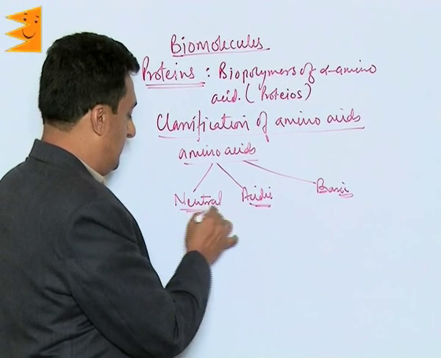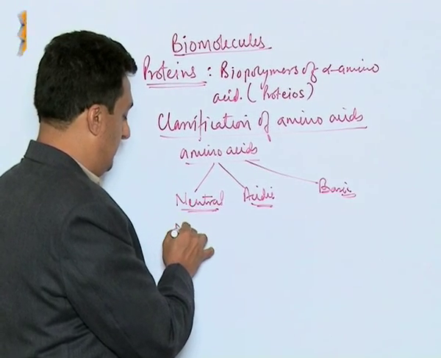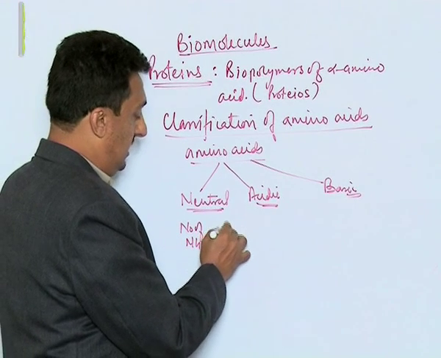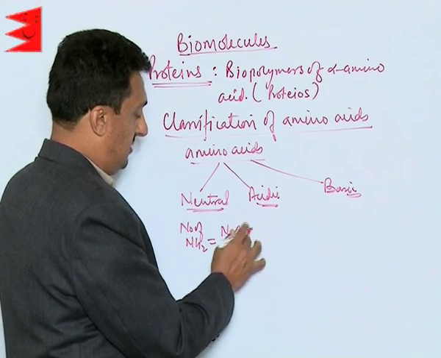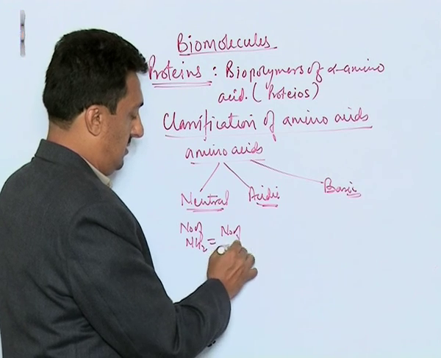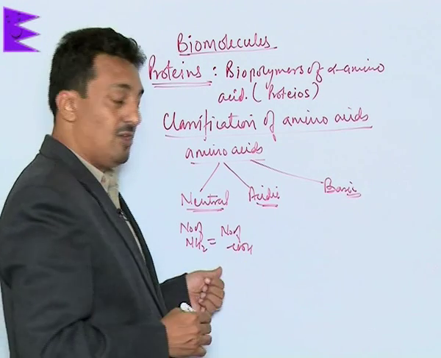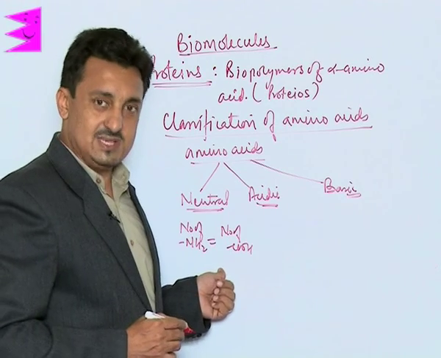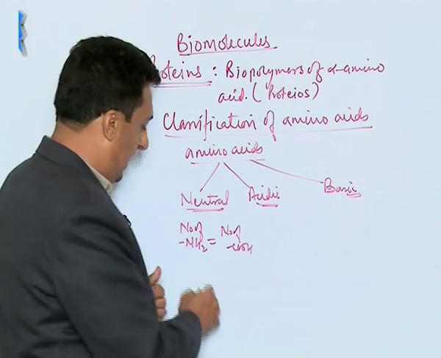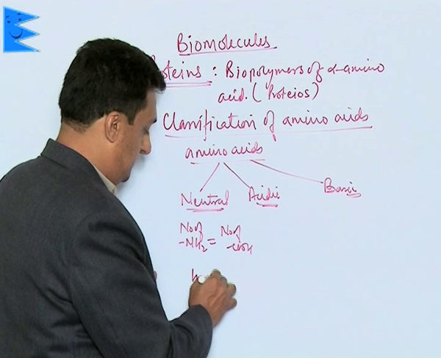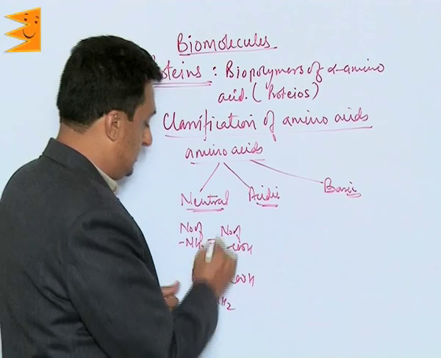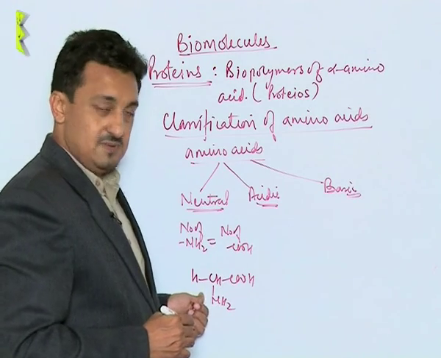Now, when the number of NH2 groups is equal to the number of carboxylic groups in the amino acid, it's called a neutral amino acid. Like we have, suppose, glycine, which is a neutral amino acid.